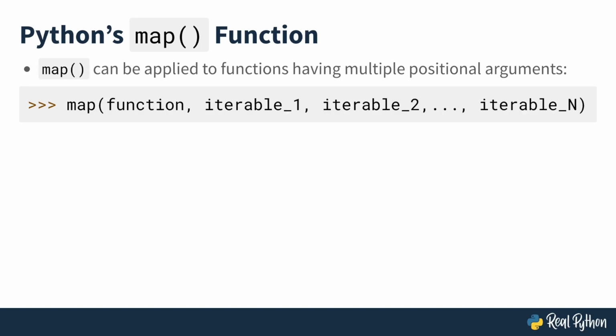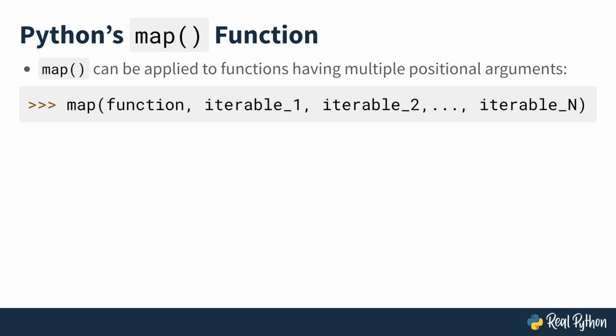Now, you can also apply map to functions that take on multiple positional arguments. So, in this call to map, the first positional argument function takes on n positional arguments. And so that means that the iterator returned by map will first take the first element of each iterable and use those as arguments into the function.